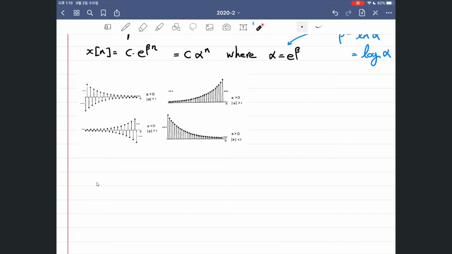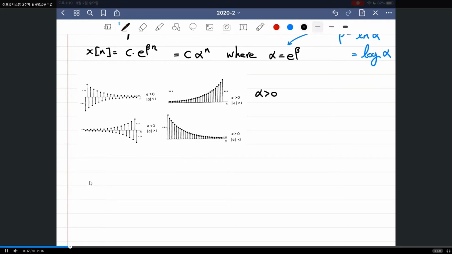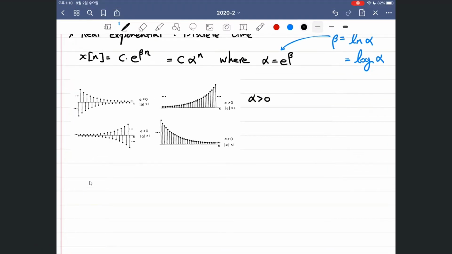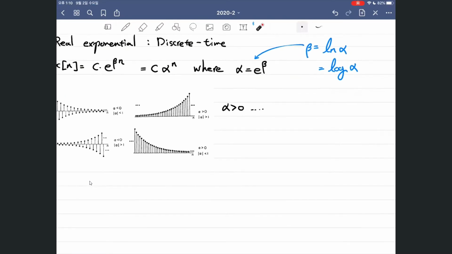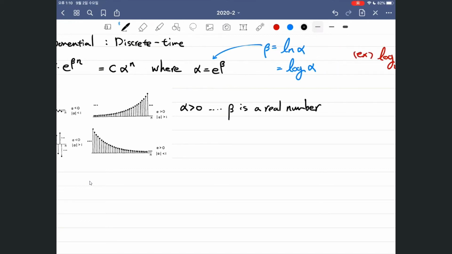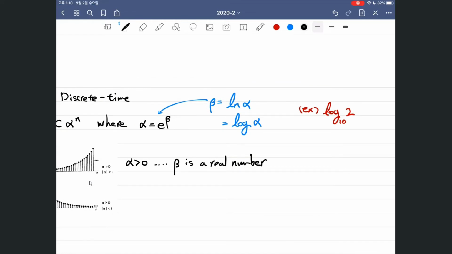And if alpha is bigger than 0, then beta is a real number, because the log equation goes like this, and if alpha is on the positive side, then you have the value beta with this relationship.